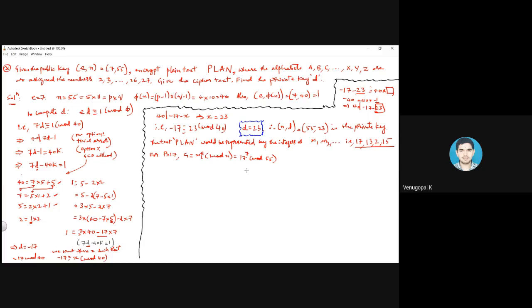You can just go for 17 power 7, which I'll do as rough work. 17 power 7 will be 410338673. When you divide this by 55, what is the remainder? That is what we want here.